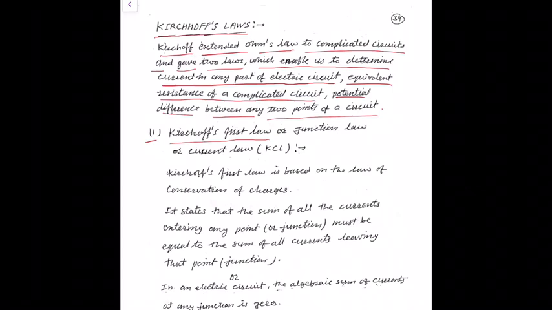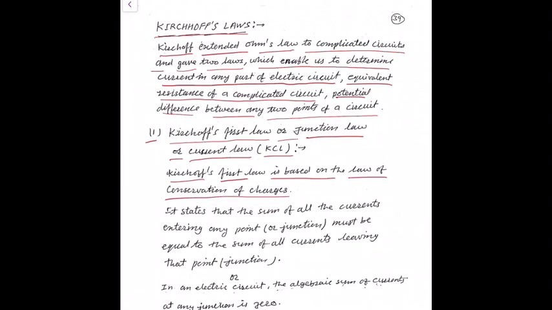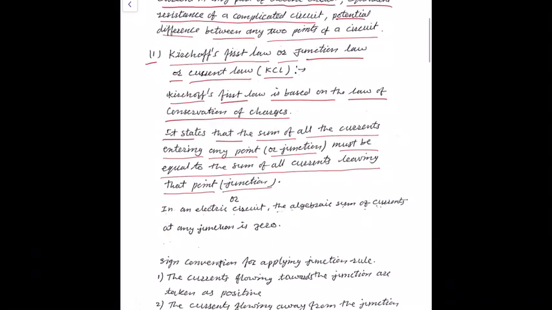Kirchhoff's first law, or junction law, or current law, or KCL. Kirchhoff's first law is based on the law of conservation of charge. It states that the sum of all the currents entering any point or junction must be equal to the sum of all currents leaving that point or junction.